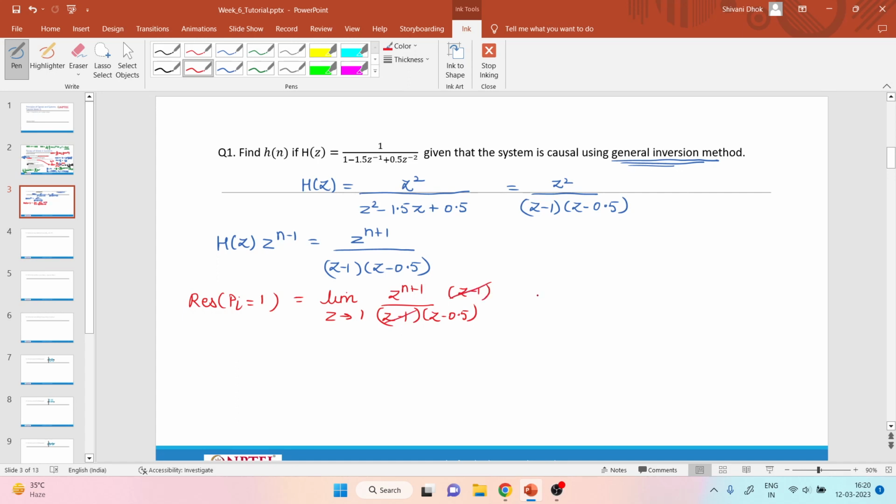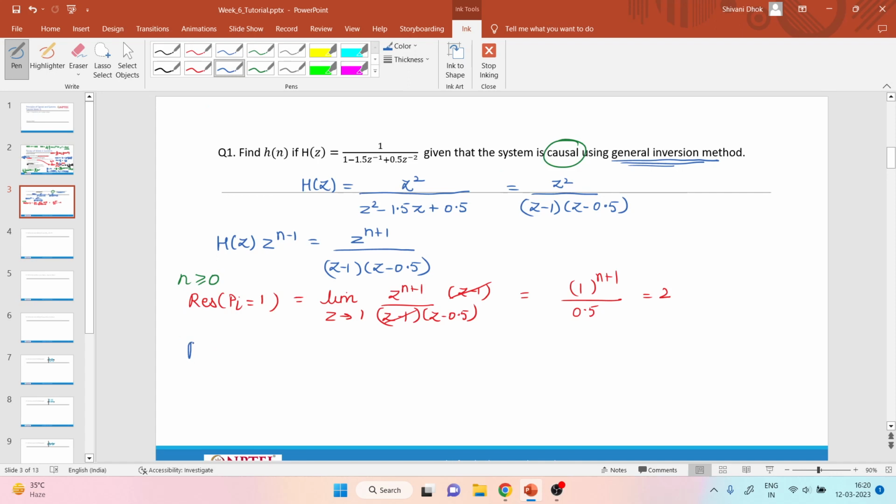This gets cancelled and I can simply substitute 1 here. So it is 1 to the power n plus 1 upon 1 minus 0.5, that is 0.5. So this comes out to be 2 into 1 to the power n plus 1, and this we are finding for n greater than or equal to 0 because we have a causal system.